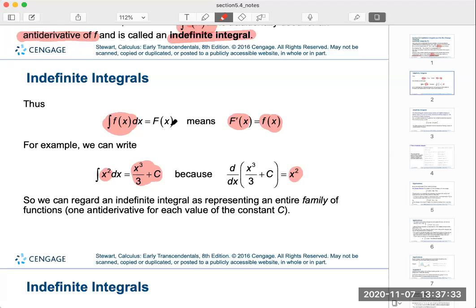The key thing is this. The indefinite integral gives us a function, right? Be careful, it is a family of functions, because each value of the constant c here will give us a function.